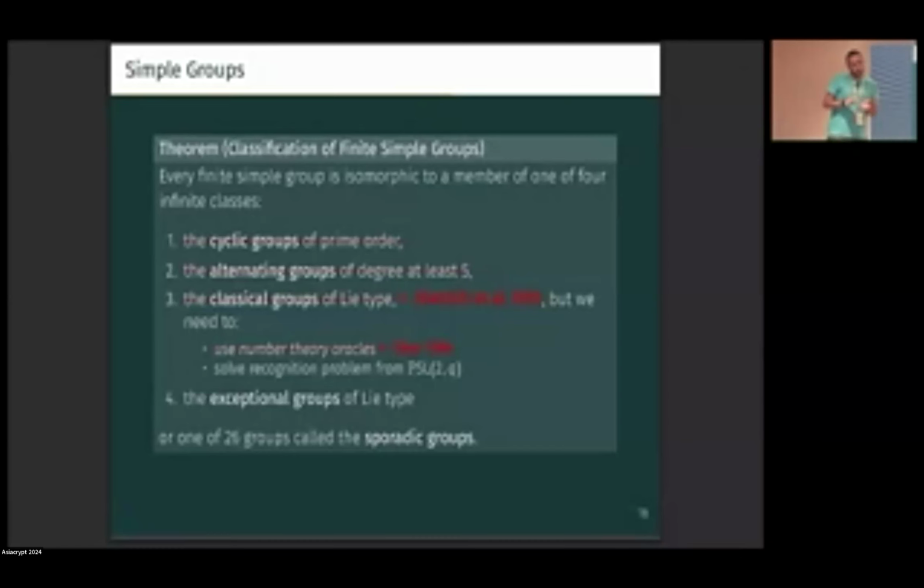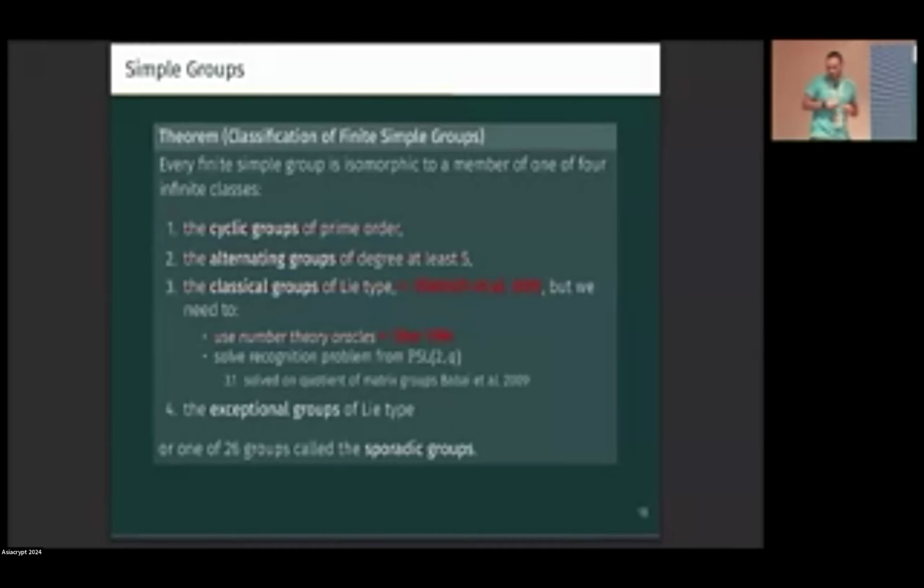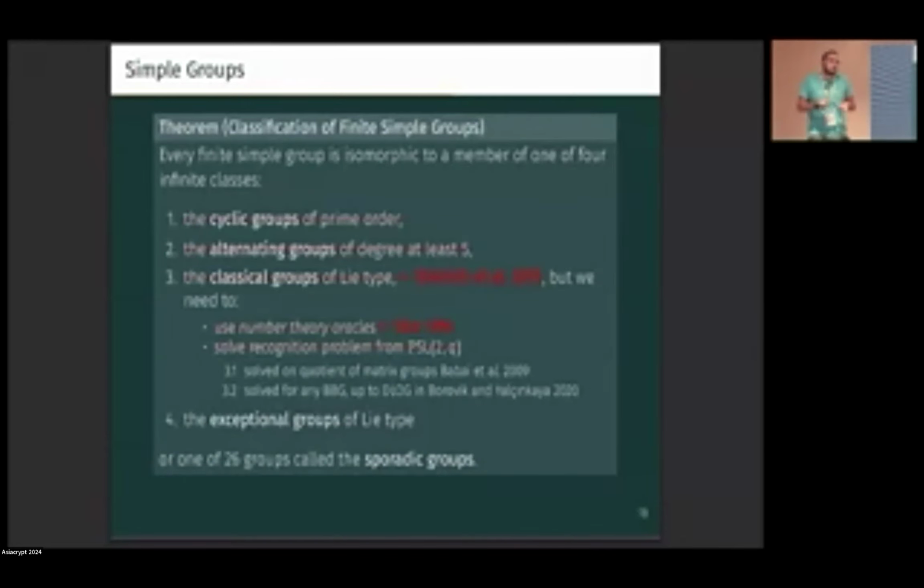And then they need an oracle that will solve the problem on a small class of two-dimensional matrices. Also, this kind of oracle can be constructed for quotients of matrix groups, which are a broader class of black box groups, or if you have a discrete log solver, you can even construct them for any black box group.